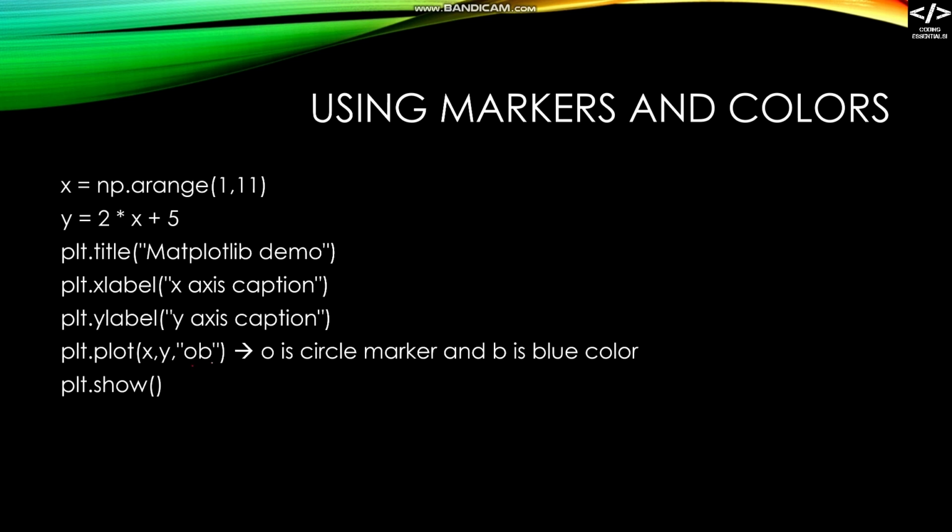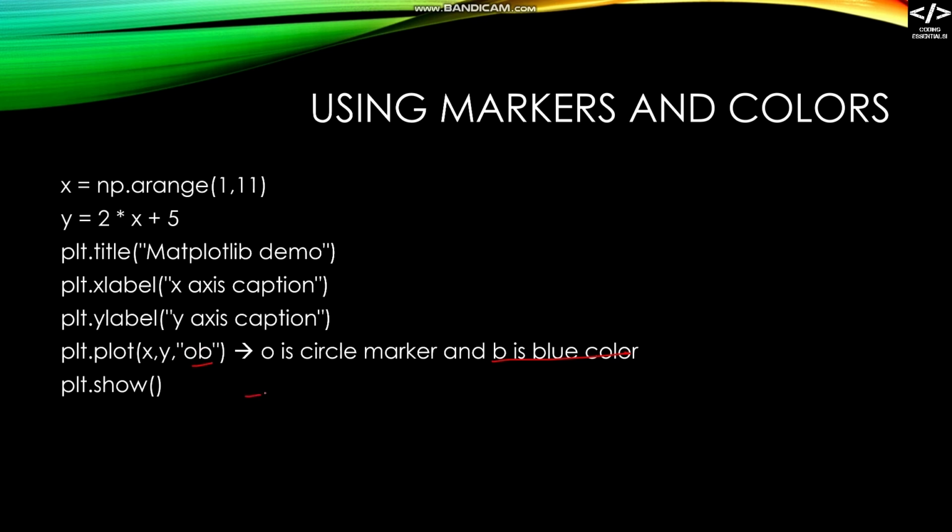So 'ob' means 'b' is the blue color, not green. Basically you need to give a marker code and then a color code.